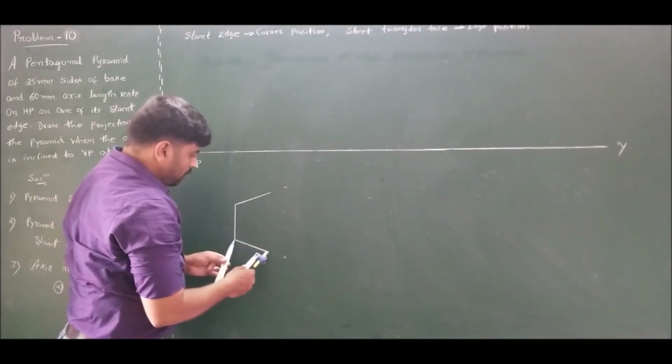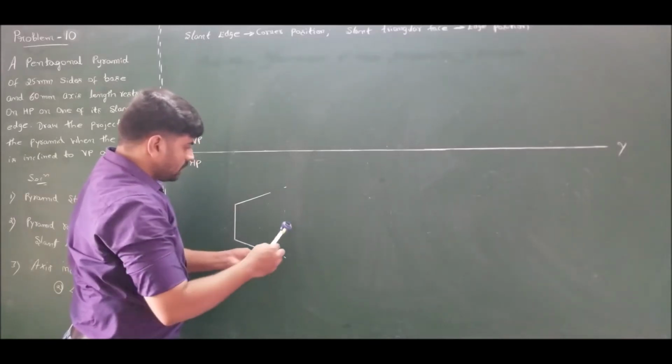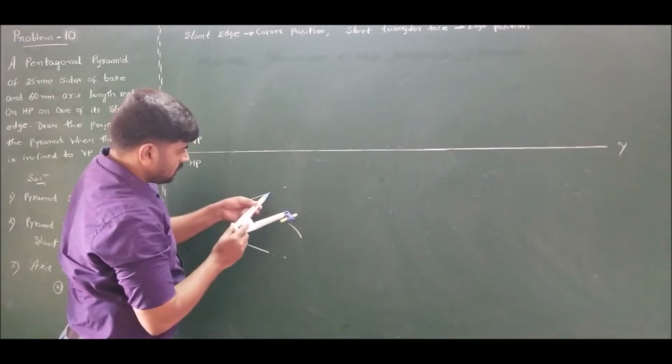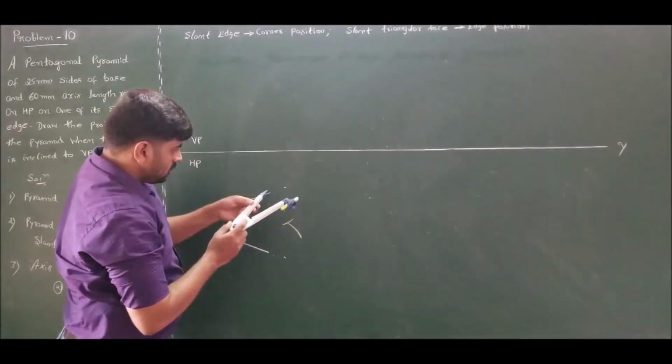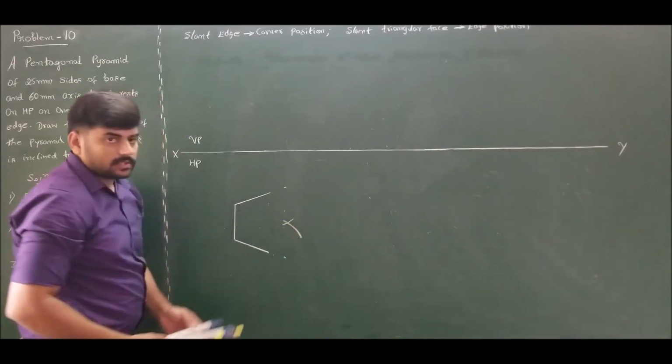Now, using compass, cut equal arcs from either corners. You will end up with the final corner of this pentagon.